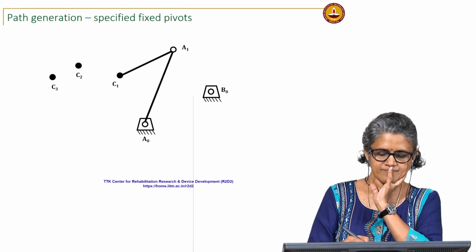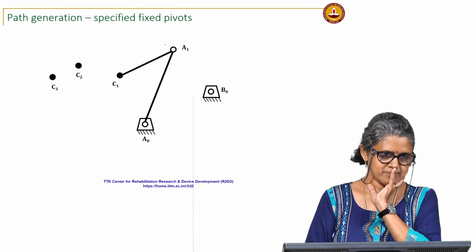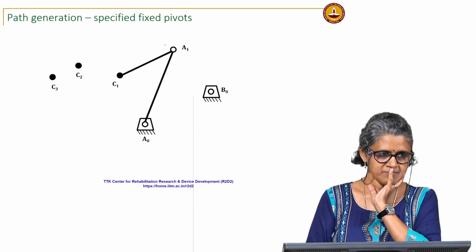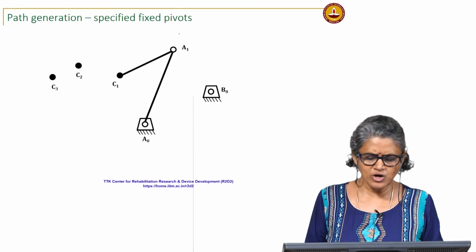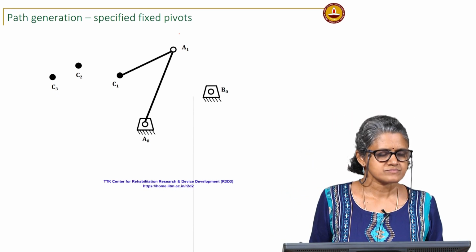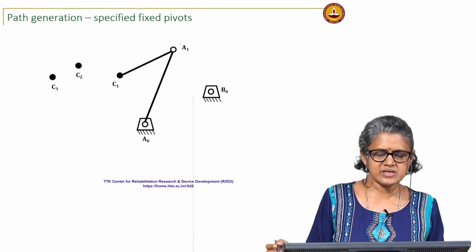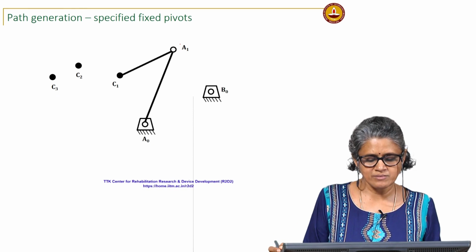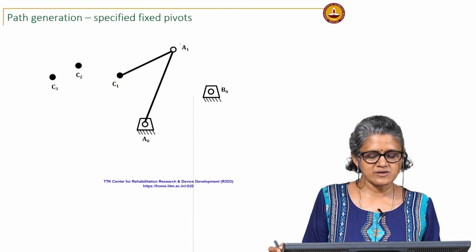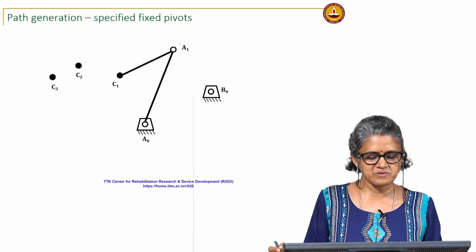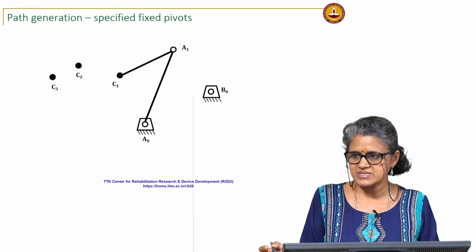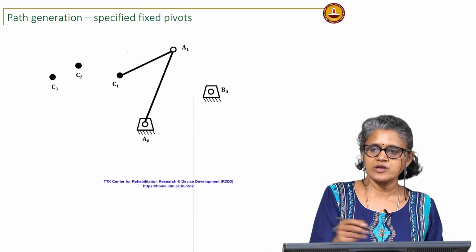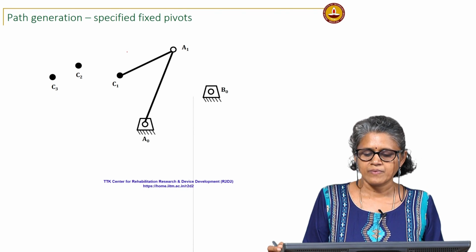I can pick some point A, say I am given A0 A1, okay. I am given this. Now, I want to find out how do I design this for specified fixed pivots, so that it generates this path. C1 moves to C2, moves to C3, where C is a point on the coupler.